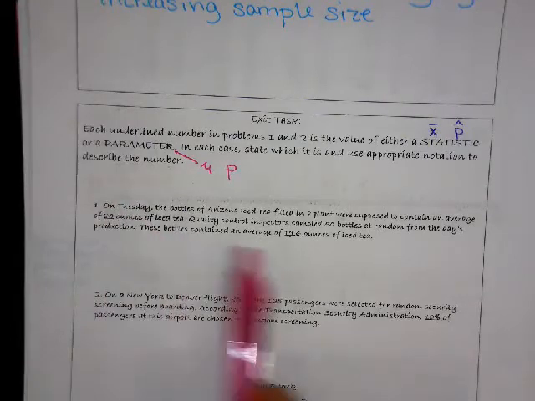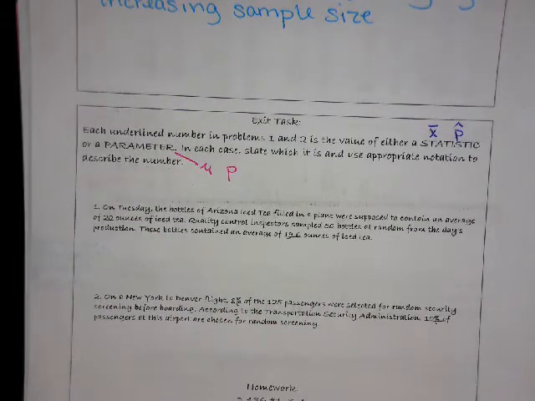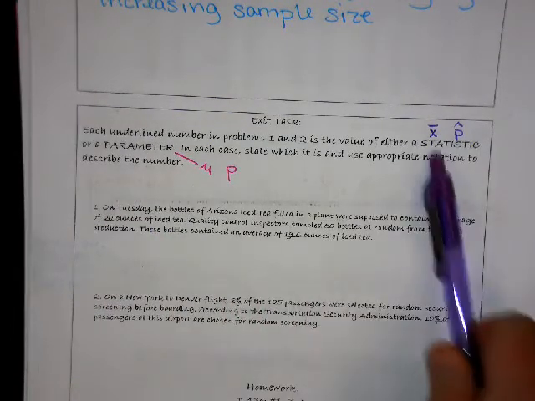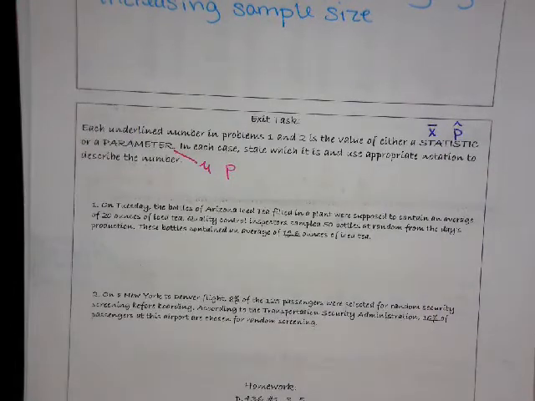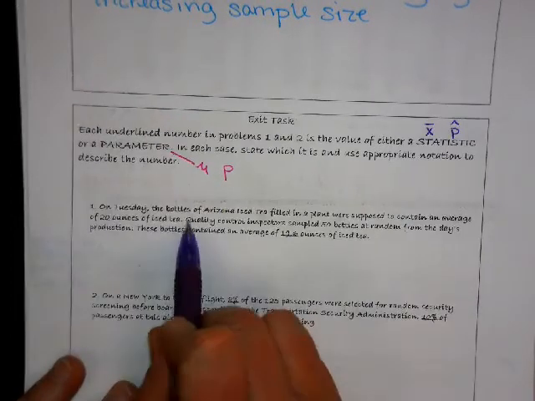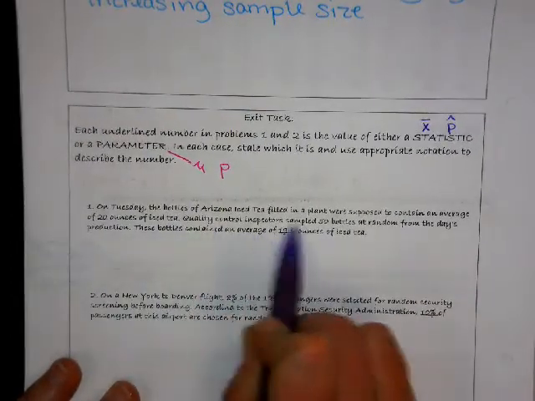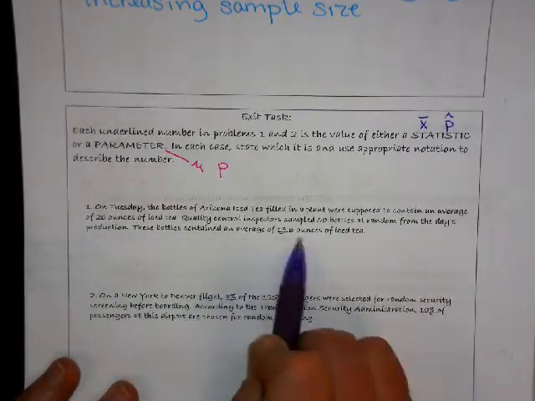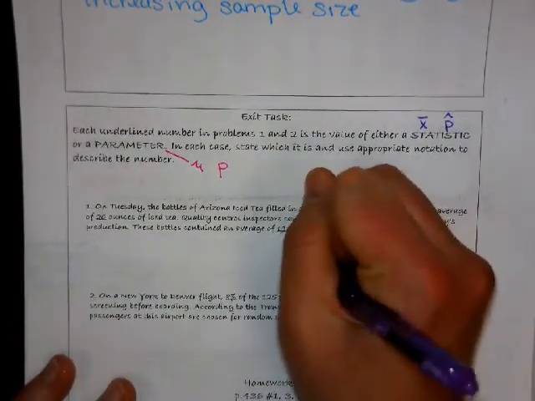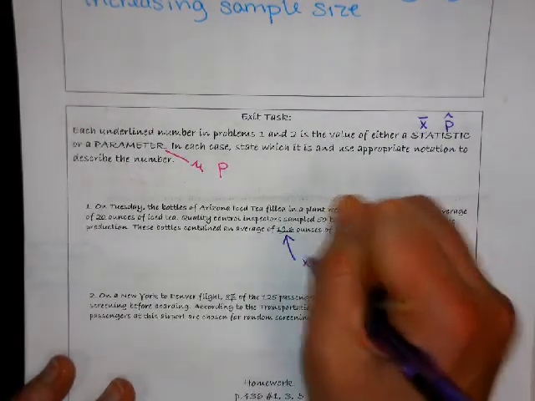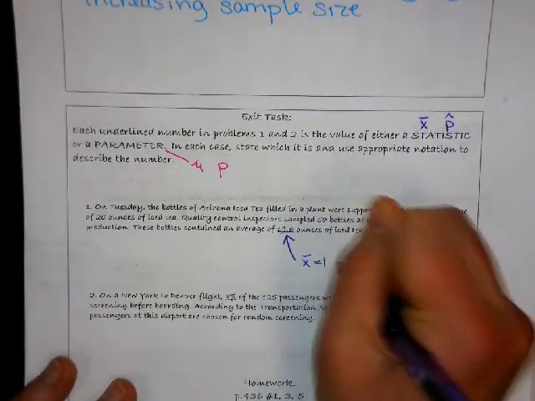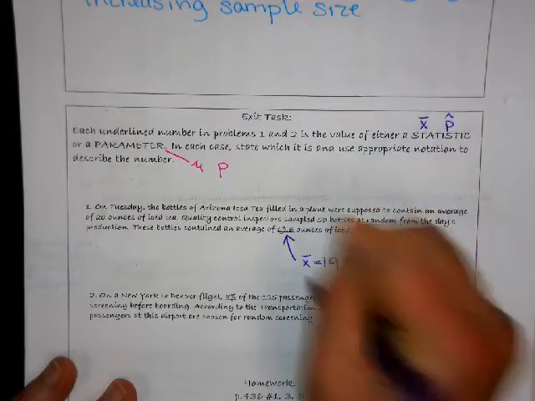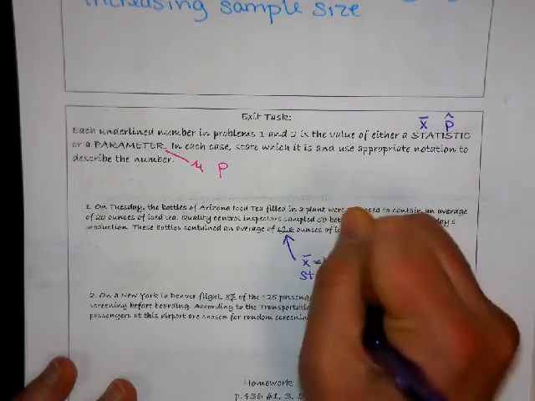Which one? 19.6, because before that sentence it tells us they sampled 50 bottles and those bottles contained 19.6 ounces. So x bar is 19.6. That's our statistic. Which means the other one is our parameter, and we use mu for that.